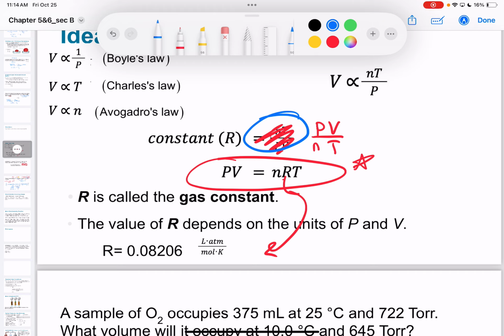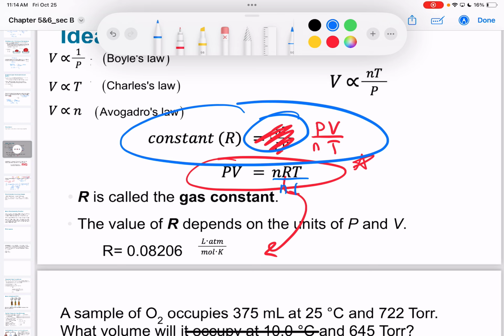Okay, so all I did to get this form is I took the normal ideal gas law and I divided by NT on both sides. The reason why this is really nice is because PV over NT is equal to a constant, so I can use this whenever I have a change.